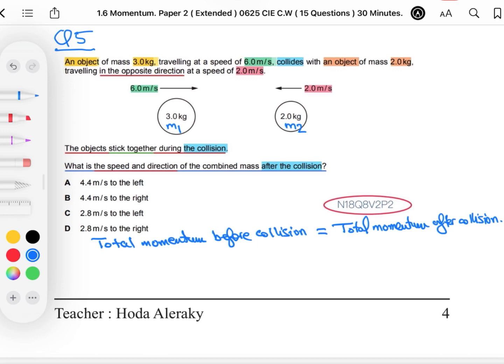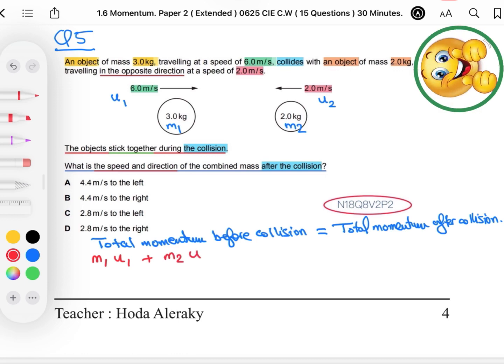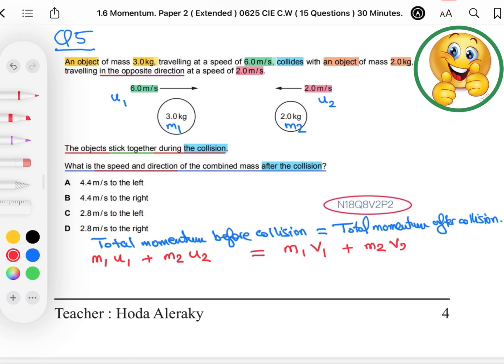U1 is the initial velocity for the first object, U2 the initial velocity for the second object. So when we substitute here, we have M1 U1 plus M2 U2 should be equal to M1 V1, which is the final velocity of the first object, plus M2 V2, the final velocity of the second object.